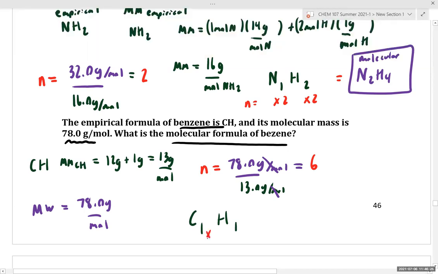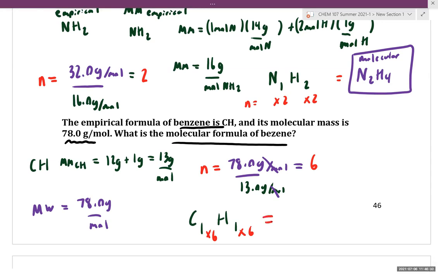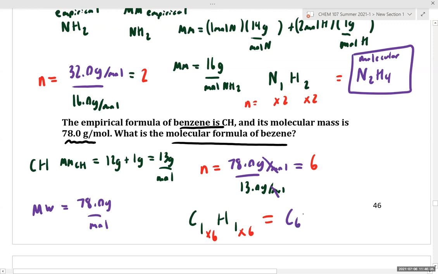We take our empirical formula subunits, multiply each of our subscripts by N, and that gives us our molecular formula. Does that make sense to everyone? Yes. Perfect.